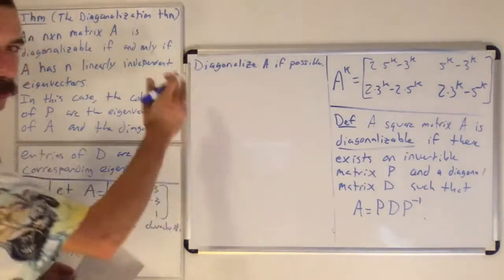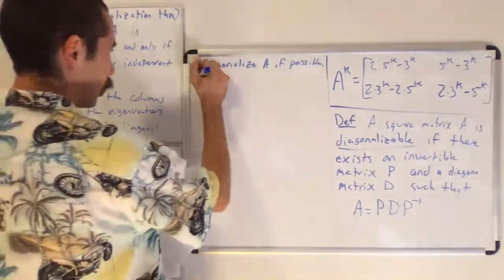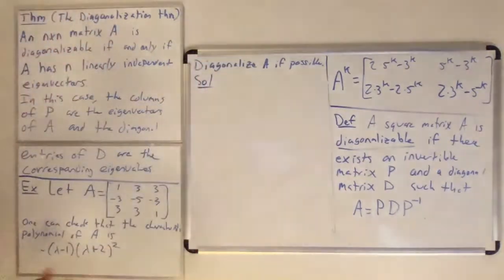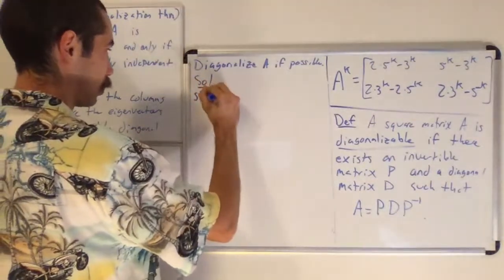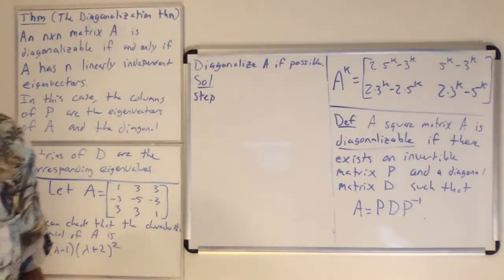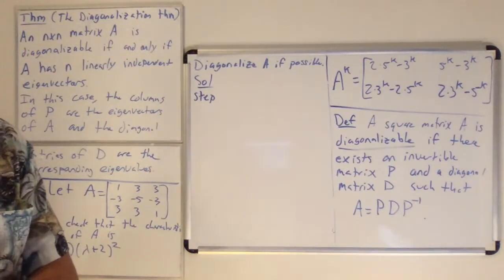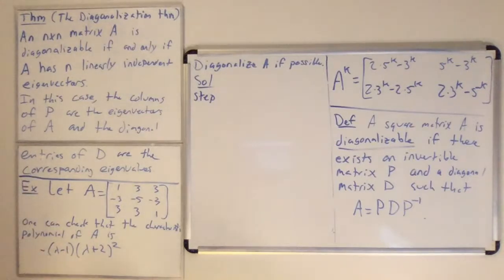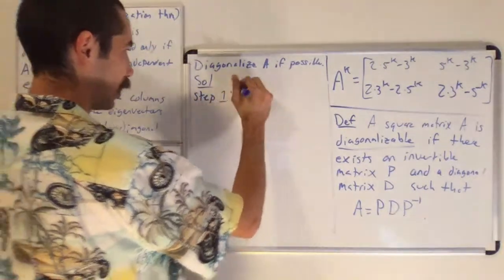All right, so we'll go through one step at a time of how we're going to do this, just because this is an important topic. So our first step, find the eigenvalues. Okay, hold on. Before we get to this, Taylor asked a question: do we have to use A minus lambda I to find the bases? Yes, that's how we would find the bases for these eigenspaces. But step 1, find the eigenvalues.